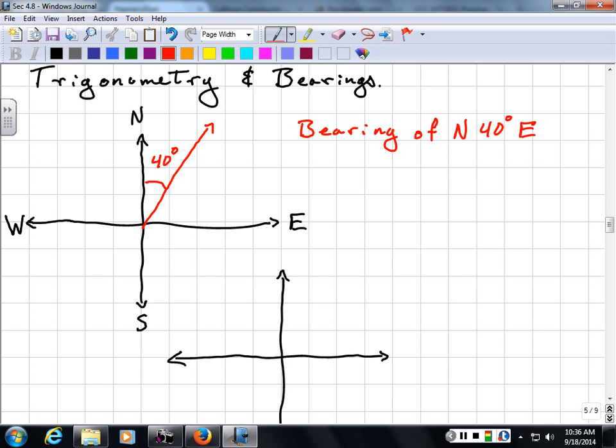You will not write that as 50 degrees north of east. That's not how you're going to do that. Because where would I get 50 degrees from? The other half. Bearings are always done off the north and the south. Always.